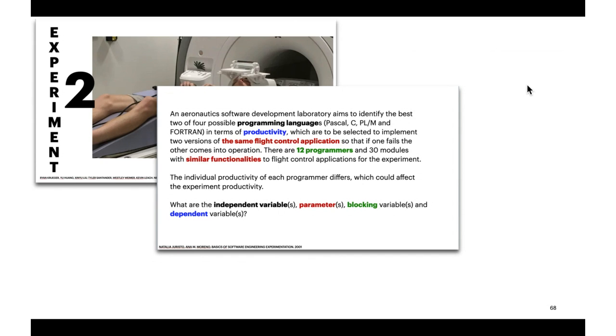Blocking variables cannot be fixed, either because it is physically impossible, or because it would lead to substantial loss of data points, which might threaten the experiment itself. In this particular example, if you have 12 programmers, then they are whatever they are. We cannot select a smaller group of those programmers with similar experience or similar training, because this might lead to losing too many programmers.